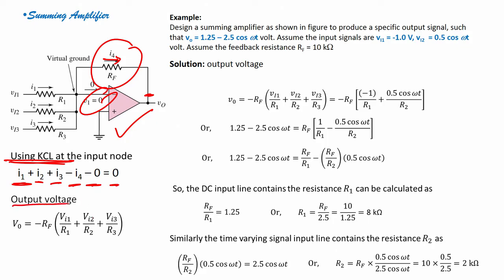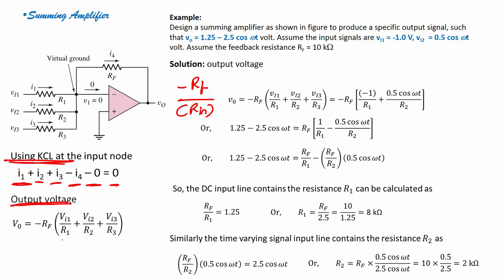So, the output voltage would be VO equals minus RF, because this is the inverting amplifier, and our formula is RF by the input resistance R in, right.